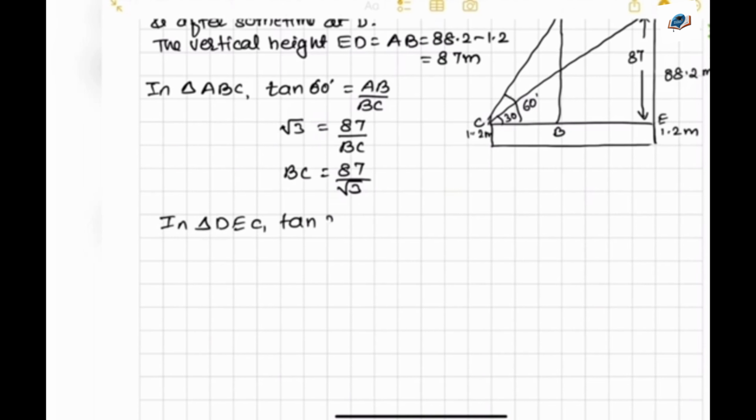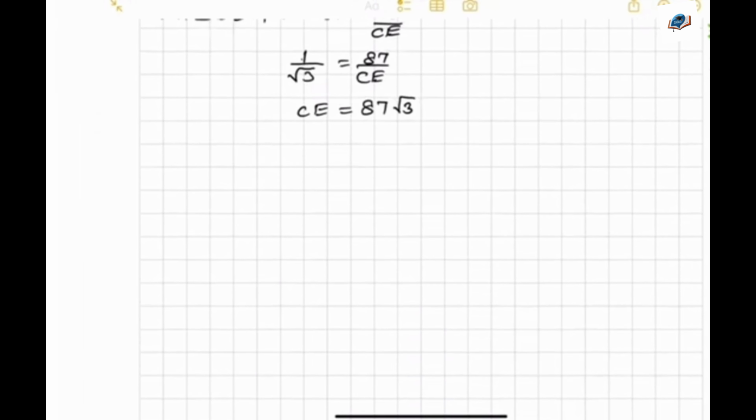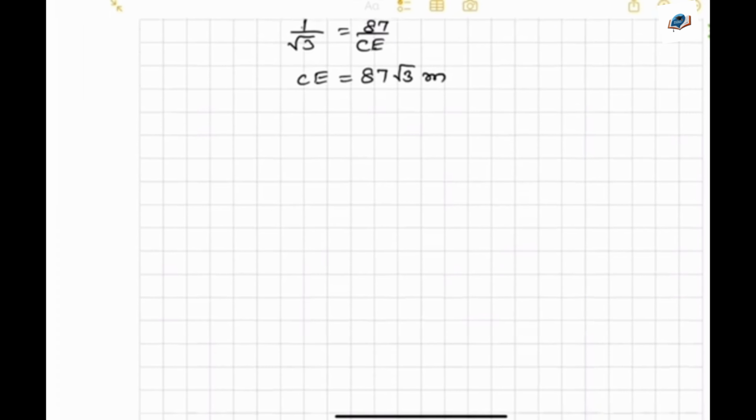Same way in triangle DEC, tan 30 will be DE upon CE. So 1 by root 3 equal to 87 by CE. So CE equal to 87 root 3 meter.